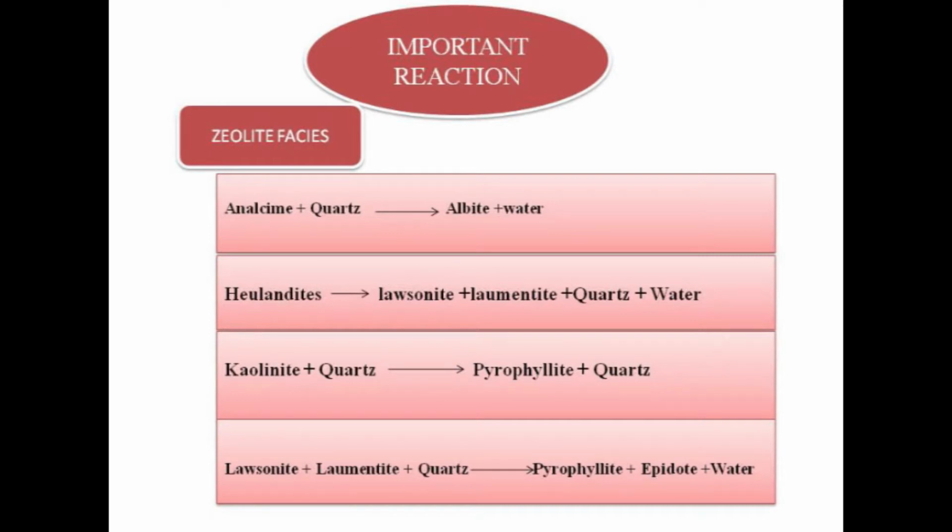Second important reaction is heulandite gives rise to laumontite plus quartz plus water. Third reaction, kaolinite plus quartz gives rise to pyrophyllite plus quartz. Fourth reaction, lawsonite plus laumontite plus quartz gives rise to pyrophyllite plus epidote plus water.